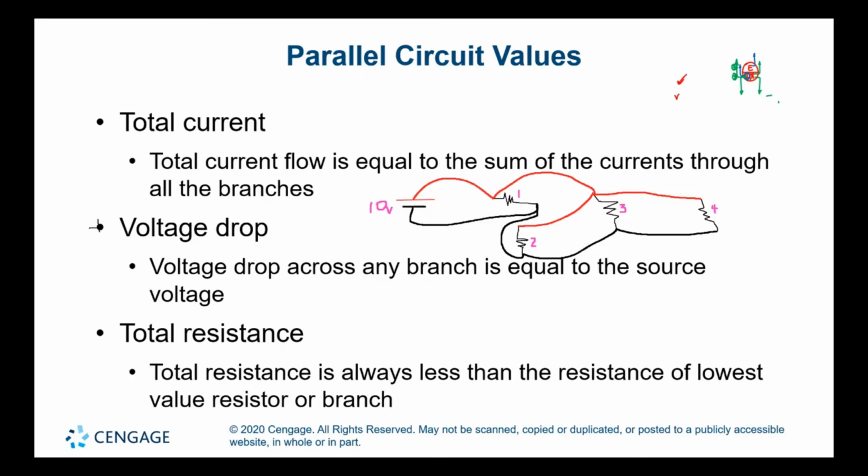That's one of the most important characteristics of a parallel circuit: voltage remains the same at each individual point. That's why it is used to connect all the receptacles and lights in a house, in industry, anywhere you go. You always want to have the same voltage.